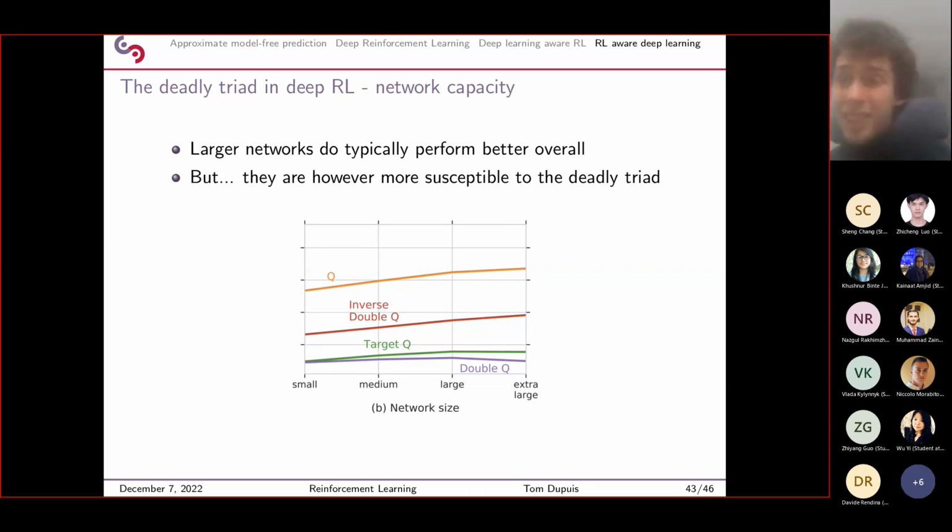But in reinforcement learning, that is not necessarily a good thing because the problems might be highly nonlinear and highly non-smooth. So when you have a smooth loss landscape, you might not be able to accurately estimate a Q-value function, which potentially is highly non-smooth.